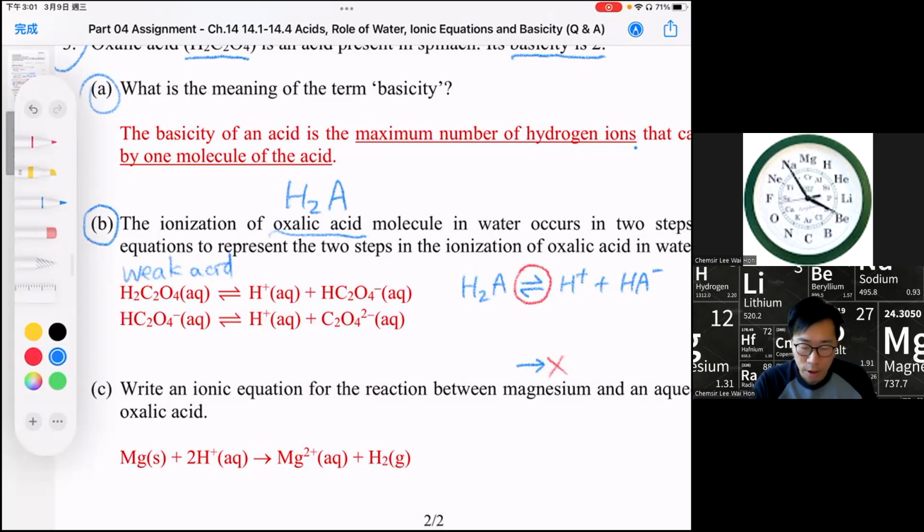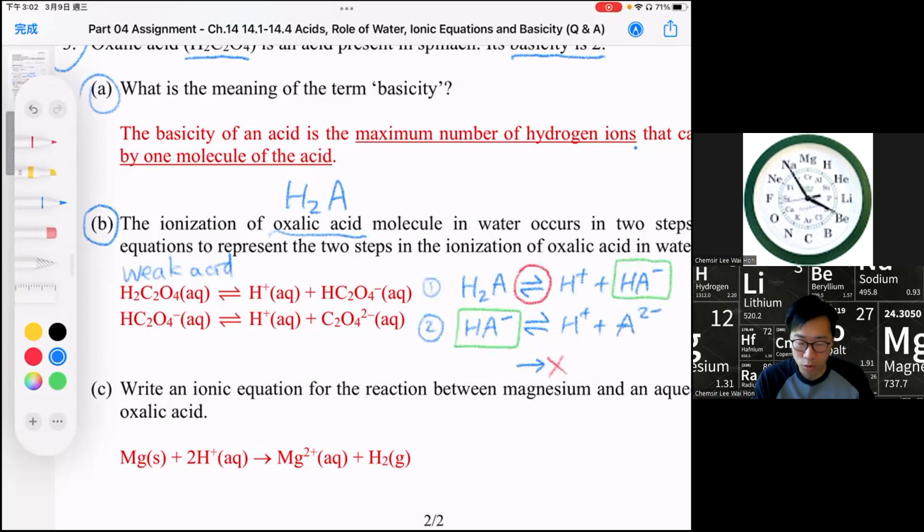As for the second step, this is the first step. The second step of the ionization, after you got HA- as the resulting ion for the first ionization step, should start with this ion. So let's take a look at these two green boxes. The second ionization then occurs. Once again, another H+ is produced. What is left this time?